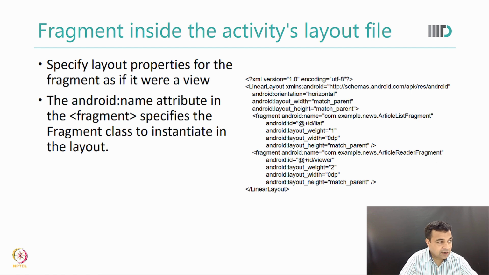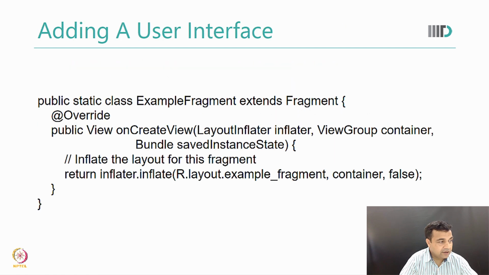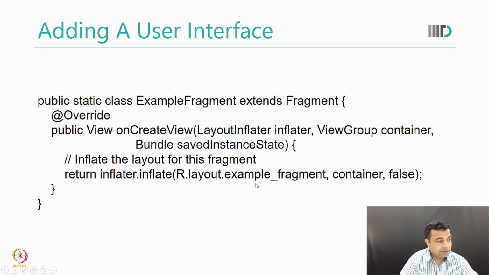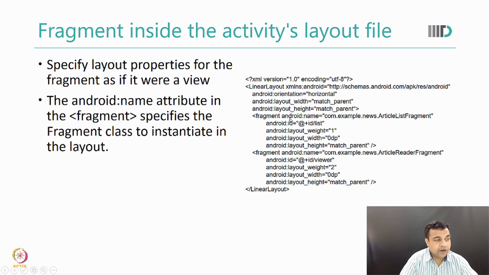So in our previous example, if we go a few slides back, we were giving the example of this example fragment, and then we were saying that the example fragment will inflate a layout here. Now if I had used example fragment here, then the Android system will see, okay, it is example fragment, will go inflate the layout and put it into the view group of the activity. That is how it works.